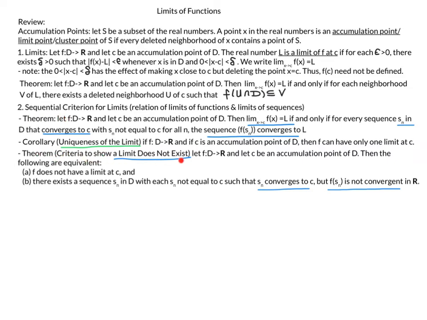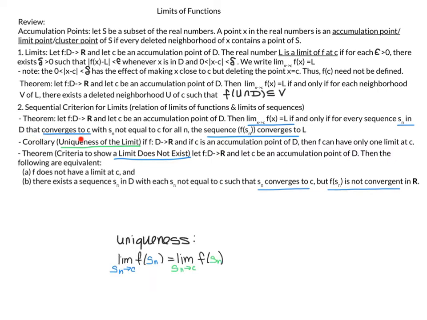It tells us when a limit does not exist, when the function does not converge. And when does it not converge? Well, when Sn converges to c, very similar to the first theorem, f of Sn does not converge. So it's the opposite of here. If this criteria is not met, we know the limit does not exist.